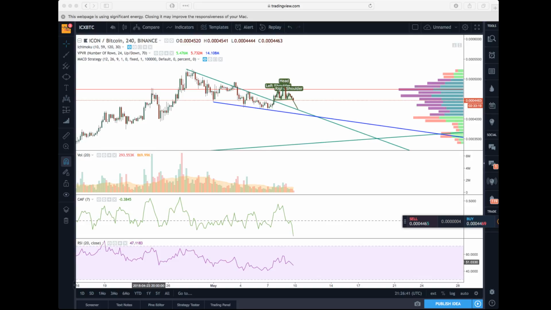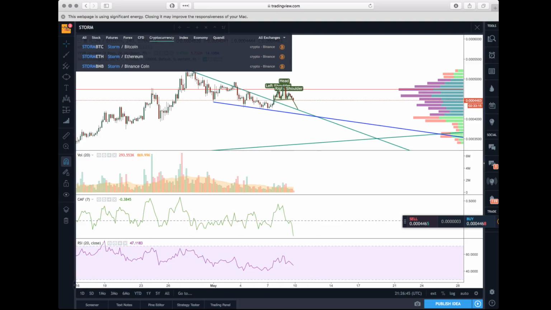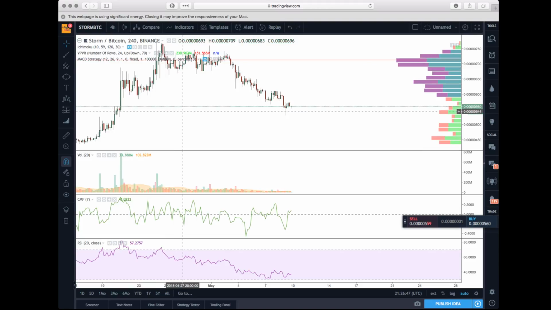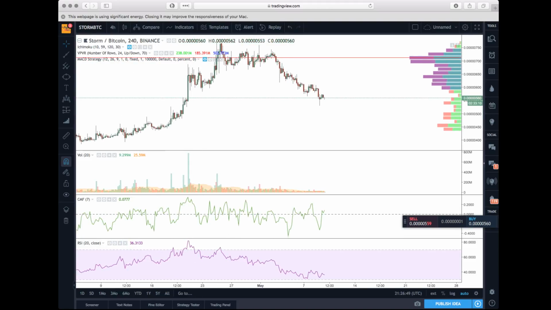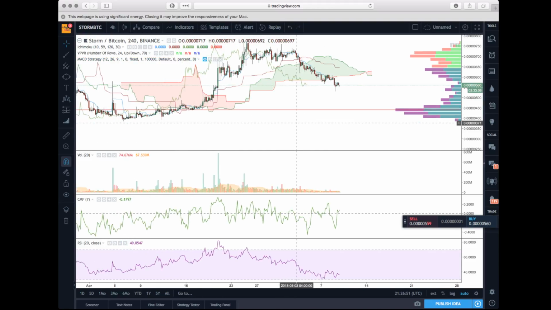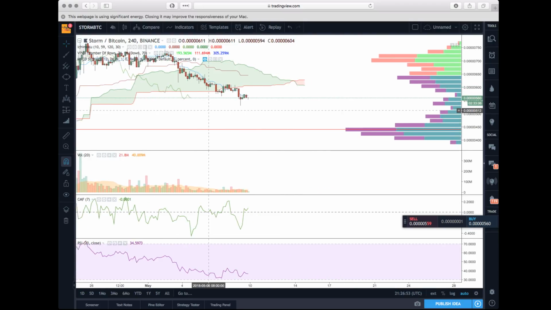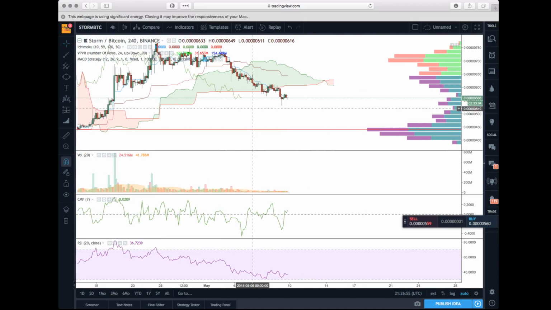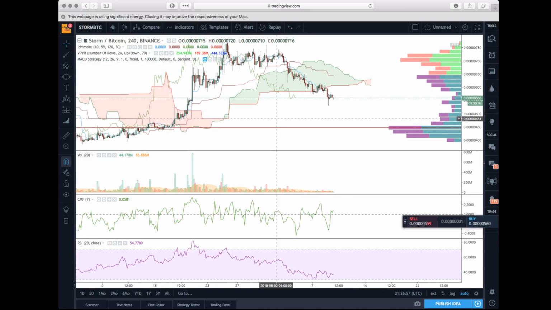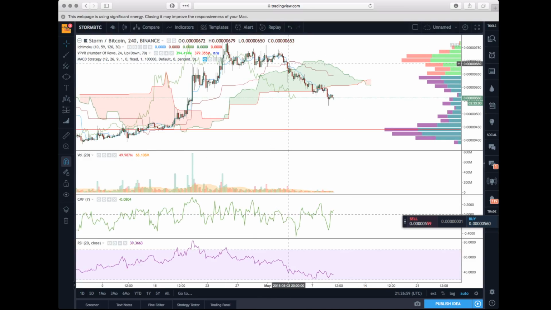We'll look at that, but let's go back and look at Storm. I keep delaying this. Storm, Bitcoin. So this is a perfect example of why the Ichi can be so useful. You've got a weak bearish cross right there on the 4 hour.